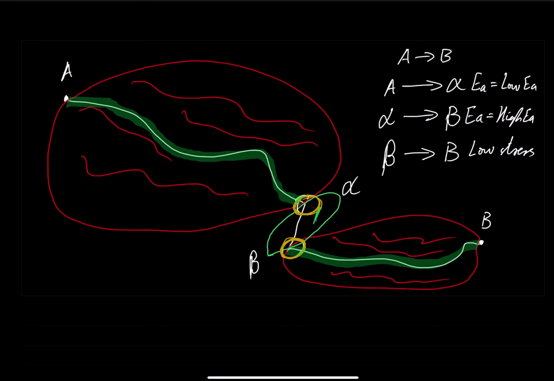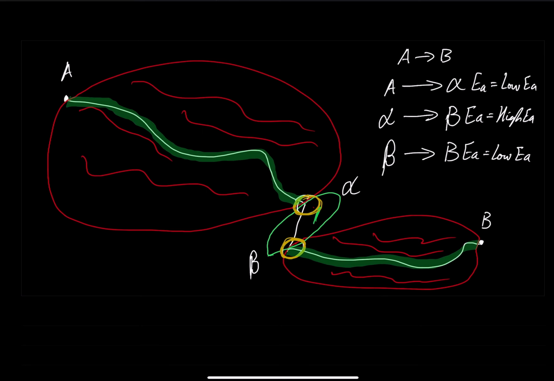As I said, this is a three-part reaction. The first part is low activation energy. The second part is a high activation energy, and the last step, beta to B, goes back down again to a low activation energy. And that's the complete reaction.